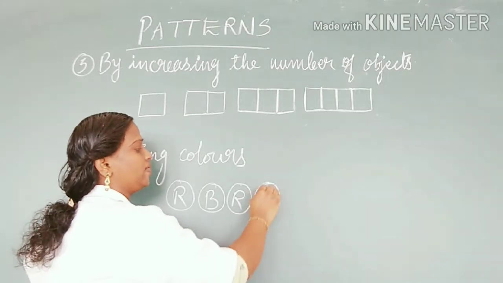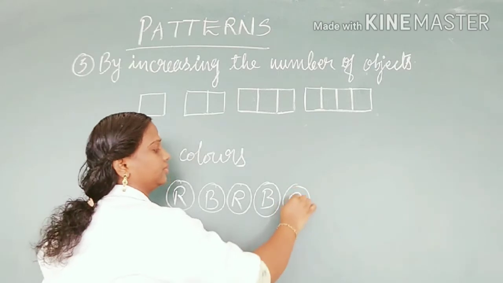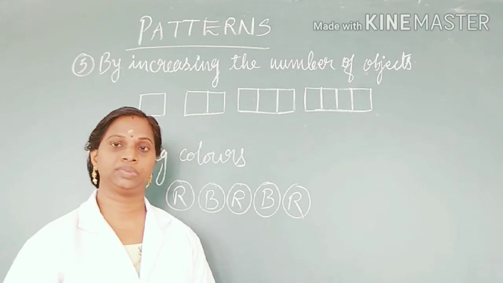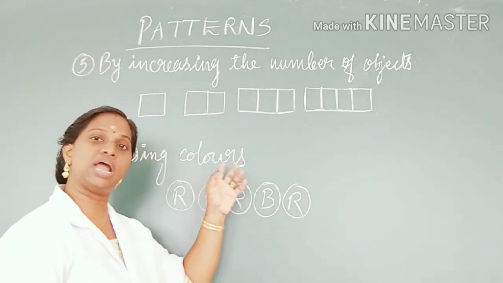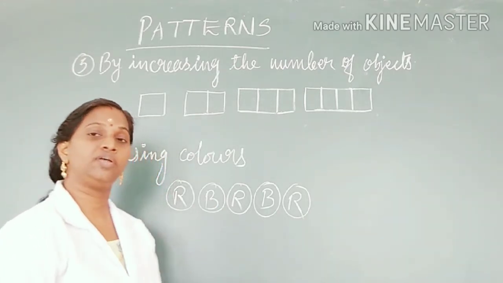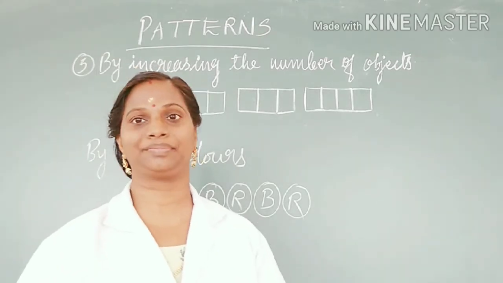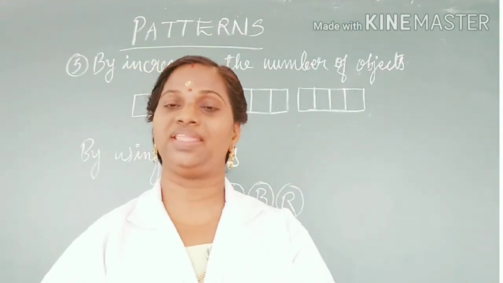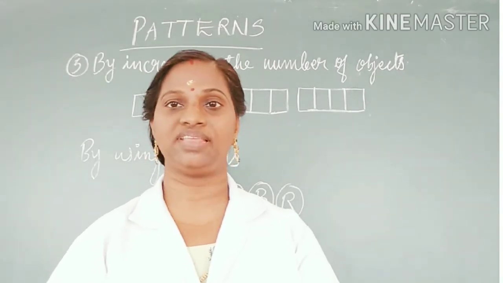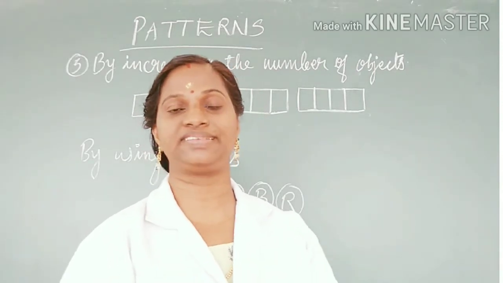Yes, blue color will come next. You can also create patterns by using different shades, different colors, and increasing the number of objects, or a combination of colors and objects.